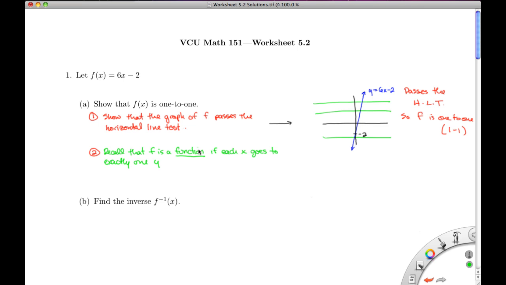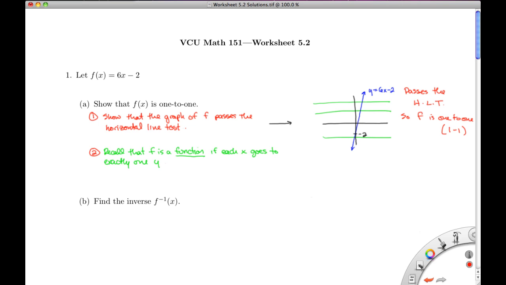And you remember the way that we did this in chapter 1 is that we took our equation, we solved for y, and we made sure that no matter what x we put in there, it was only going to go to one y value. We have a very similar way of dealing with one-to-one.